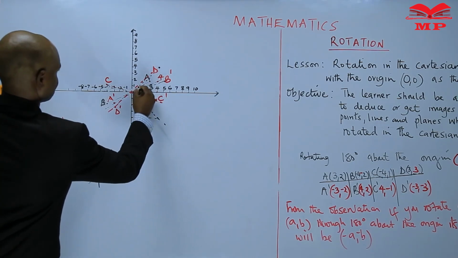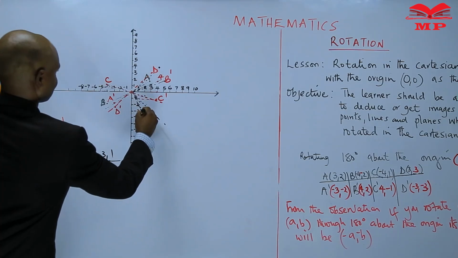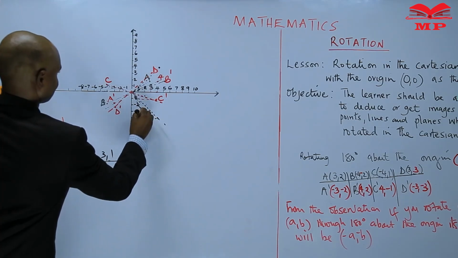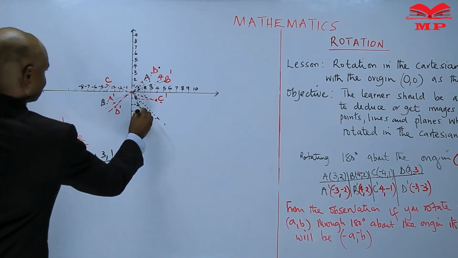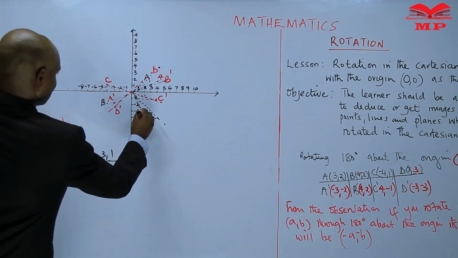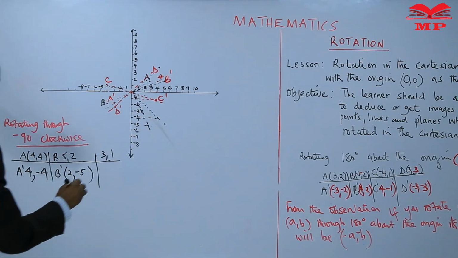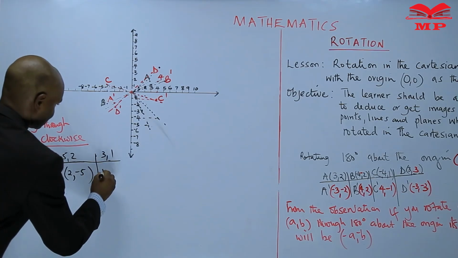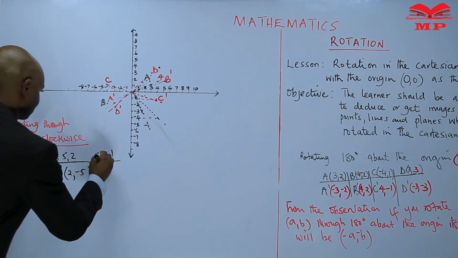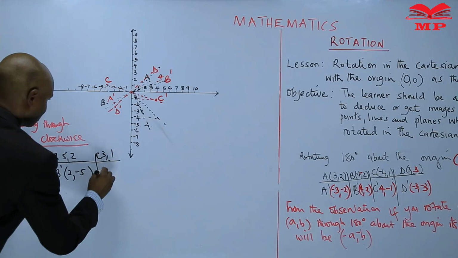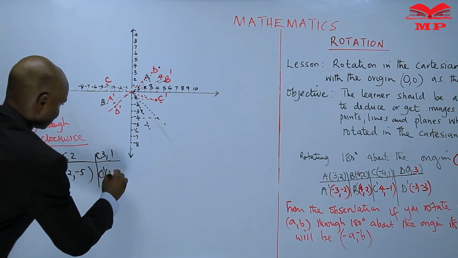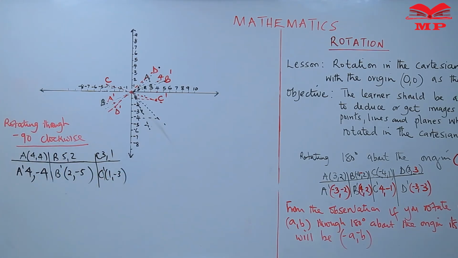You'll have a right angle there. It will be 1, -3. This is C. C prime will be 1, -3.